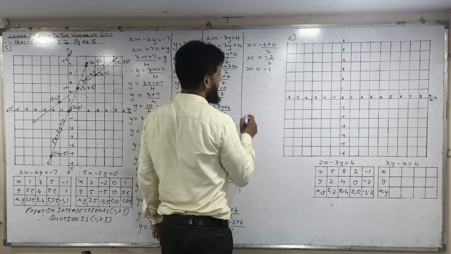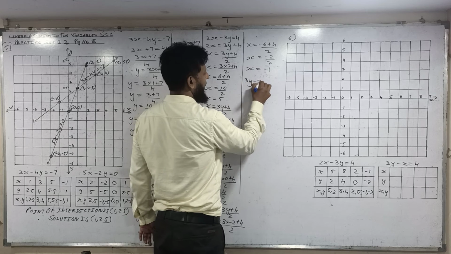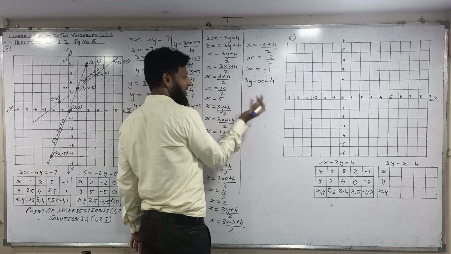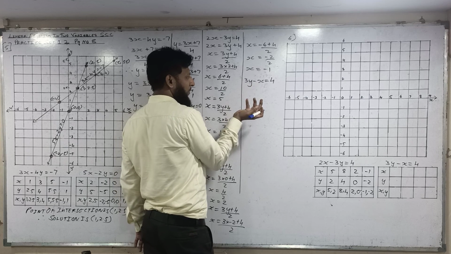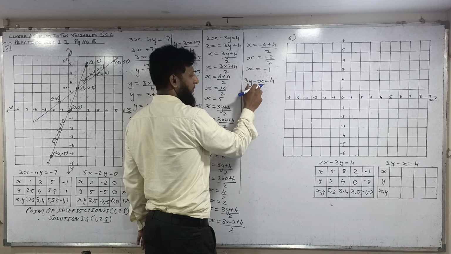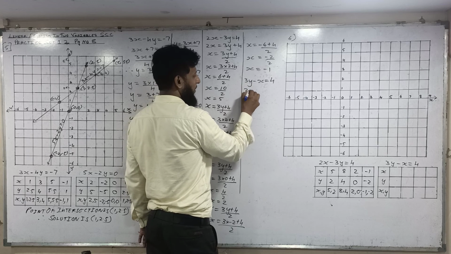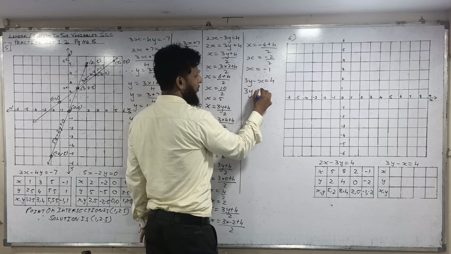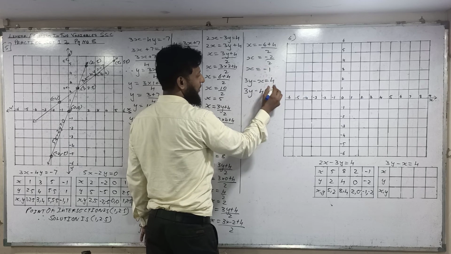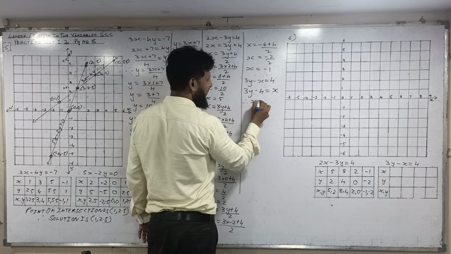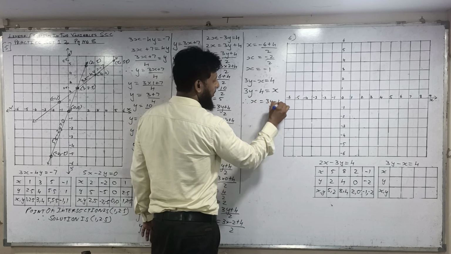Now come to this 3y minus x is equal to 4. So see, in this x having number 1, so it is simple to solve the equation with x. So 3y, 4 will come to the left hand side, so minus 4 and minus x will go there, will become plus x. Now therefore x is equal to 3y minus 4.